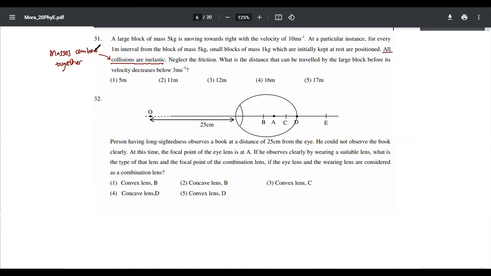Neglect the friction. So we have to assume that the masses are combined. When two masses combine together and move together, there will definitely be energy loss. So the collision is going to be inelastic. If it is elastic, the masses will not combine. What is the distance that can be traveled by the large block before its velocity decreases below 3 meters per second?